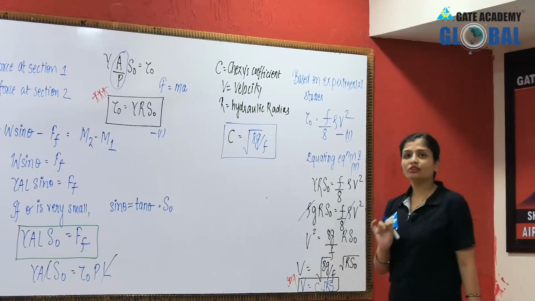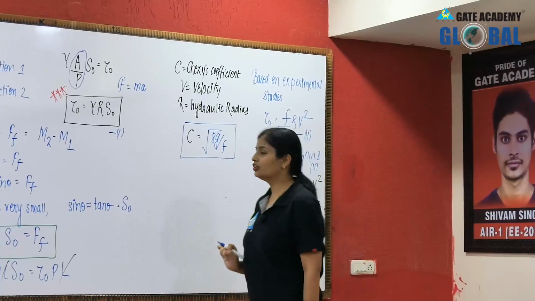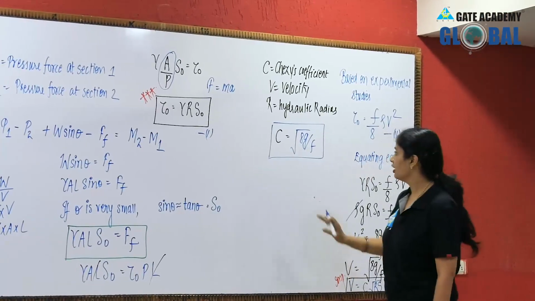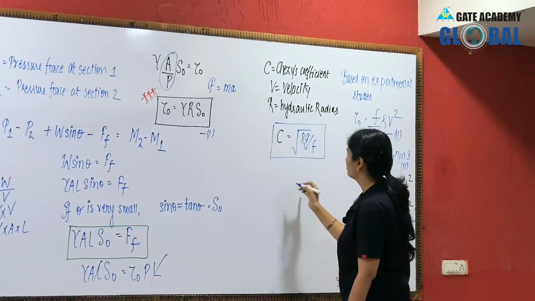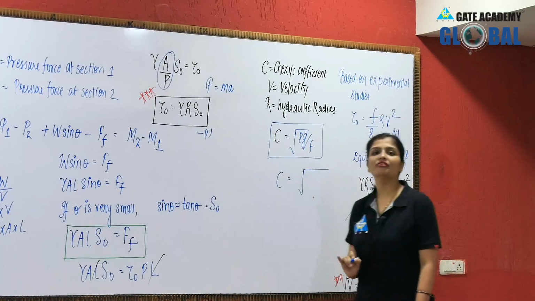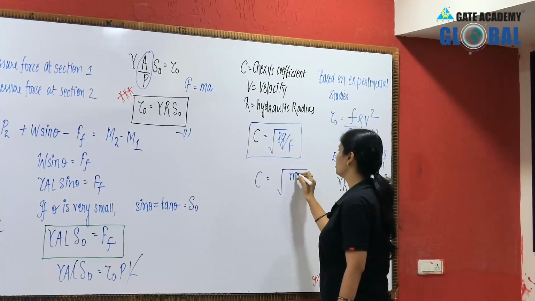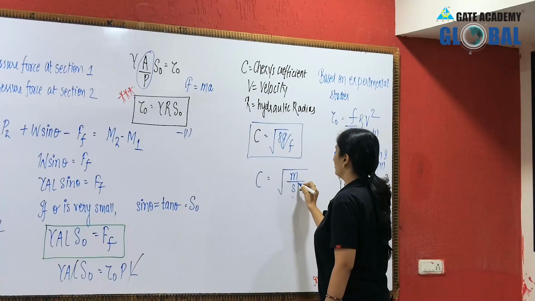Now, coming to the dimensional part of it, what is the unit of your Chezy's coefficient? Come on, you can do it. This is very simple. C is equal to, you know that acceleration due to gravity, what do we write it as? We write it as meter per second square. This is the unit. And what is this f?